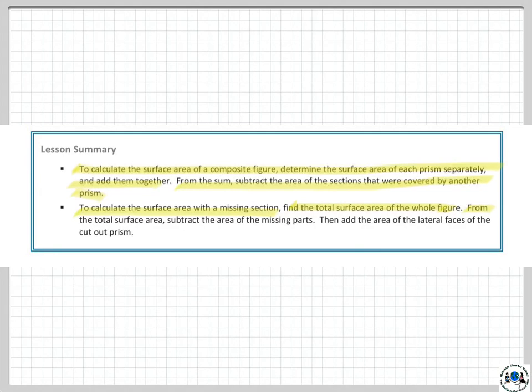From the total surface area, subtract the area of the missing parts, and then add the area of the lateral faces of the cut-out prism. Again, just like we did over and over again, adding your new surface area and subtracting out the surface area you lost.